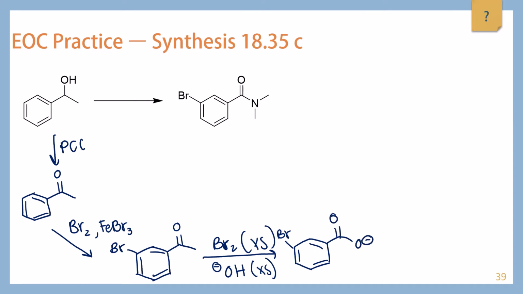So that we end up with a carboxylate, because an amide is ultimately a carboxylic acid derivative, so we kind of have to go through a carboxylic acid derivative to get there. And then you could protonate it to get it to the carboxylic acid and add in thionyl chloride.